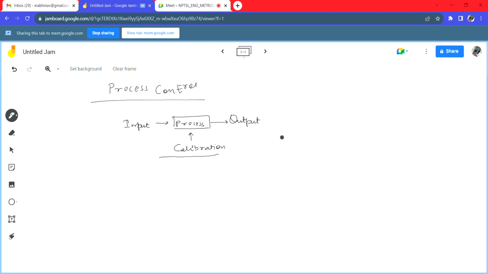After calibration there are several other processes, like amplification and rectification, that we will see in detail in the class now. So let us say we are designing a measurement system.